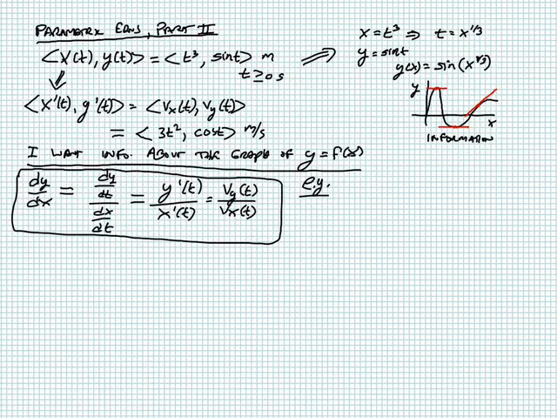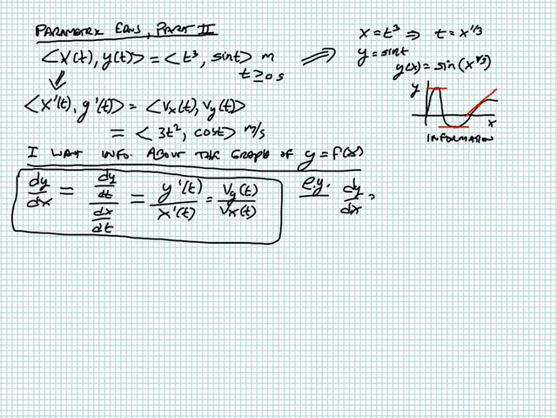So dy dx is equal to dy dt, or y prime of t, or if you prefer, the y component of velocity, which was the derivative of the y component, which was cosine.